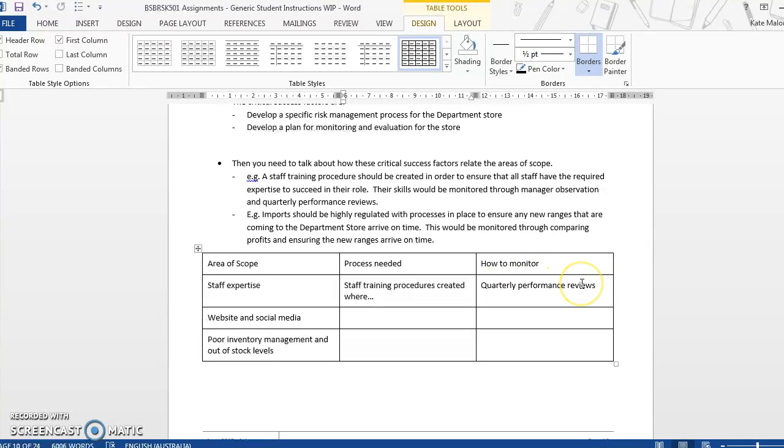Maybe you would do quarterly performance reviews with the employees, and if they need training in a certain area, then you could give that to them. That's a way that you're developing and planning for monitoring, and you're putting in a process, because if staff have high expertise, then that's going to keep the risks down. So I hope that makes sense. You just need to give a couple of examples of what the process would be and how you'd monitor them for each of the areas of scope.